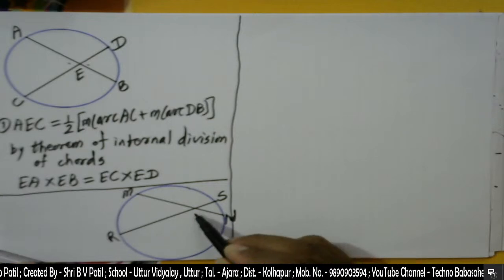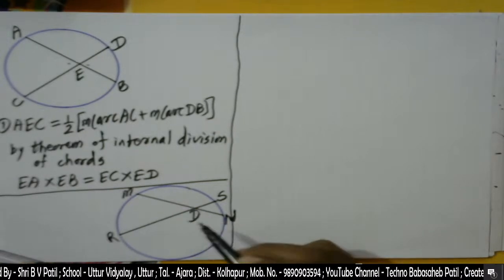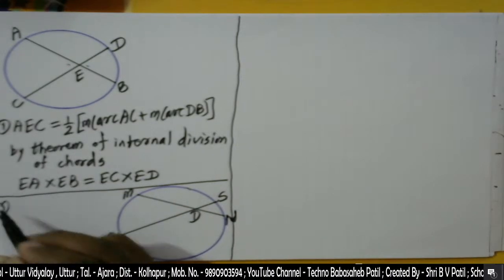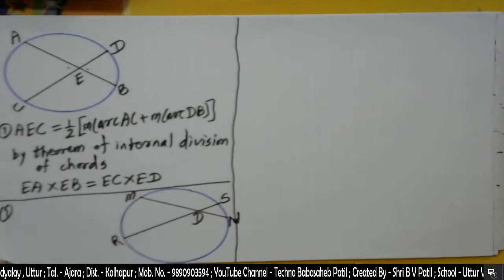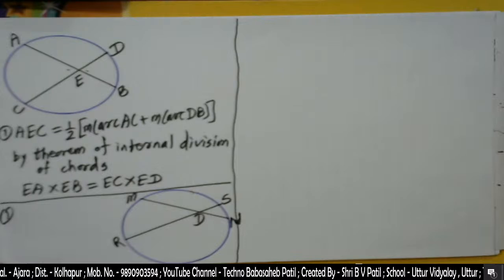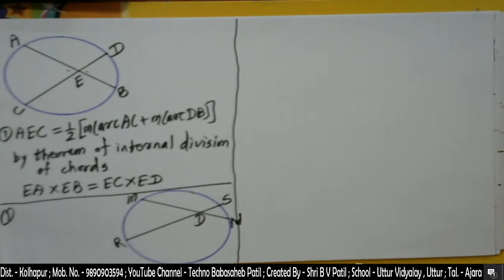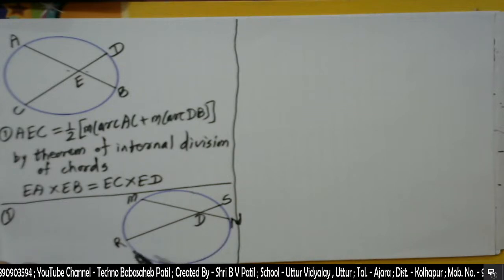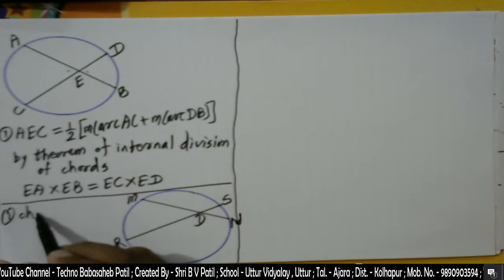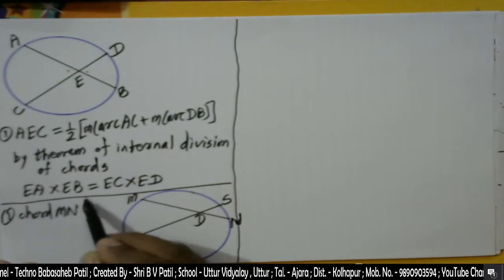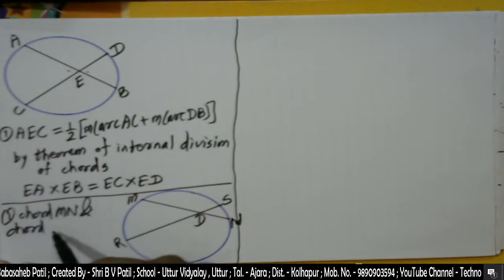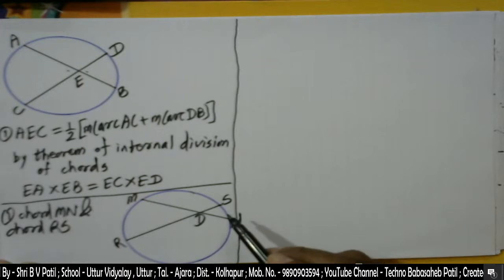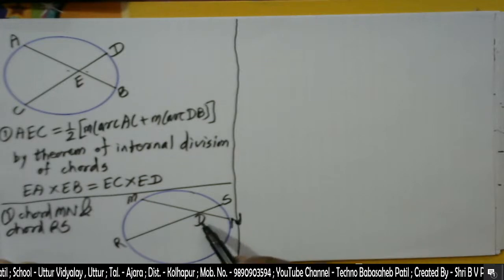They intersect inside the circle at point D. Example is chord MN and chord RS intersect at point D.